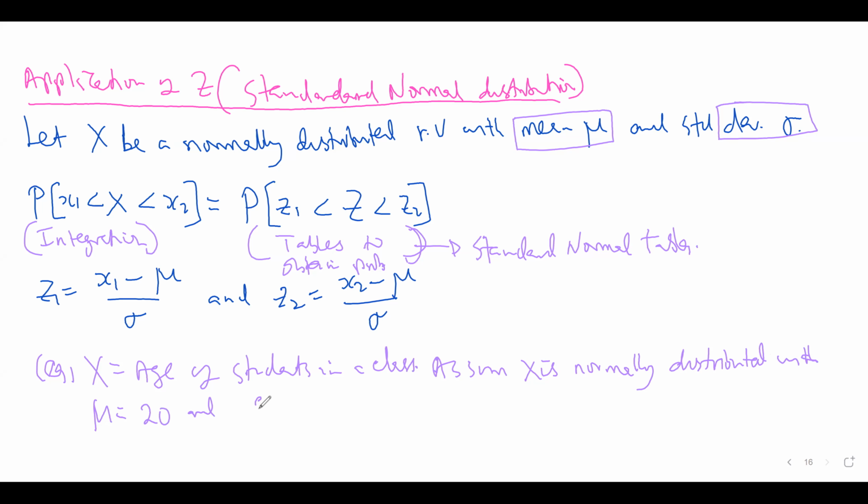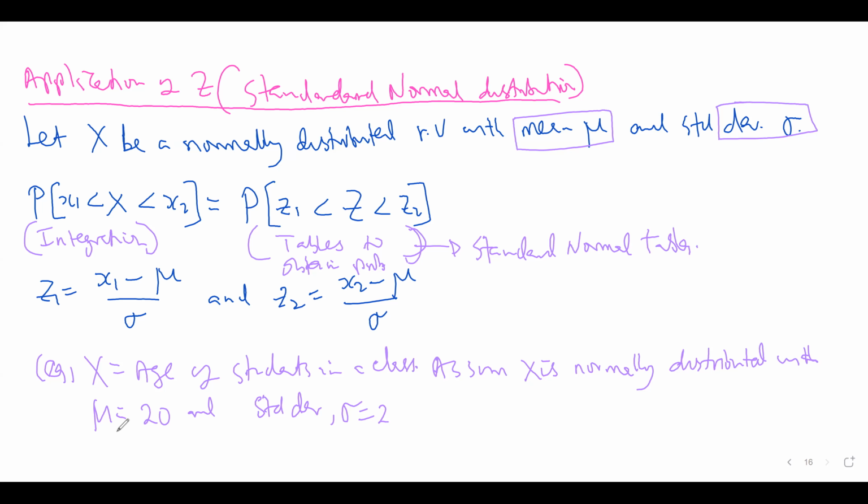Let's say standard deviation sigma is 4, for example. Let me use 2. So if this is the question that you have, you are told that the age of students in a class is normally distributed with mean 20 and standard deviation 2.